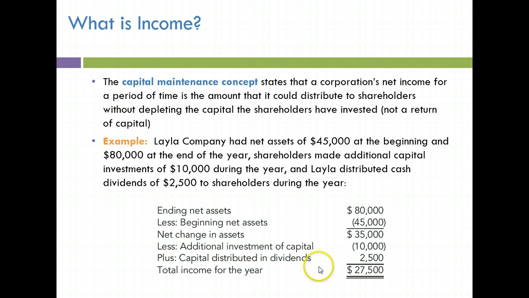And $2,500 was distributed in dividends, which is a reduction of cash. That's why in this scenario, we add it back in. So what they're showing us here is, based on knowing the assets, beginning balance, ending balance, increased stock, and dividends, we can determine what the income was for the year.